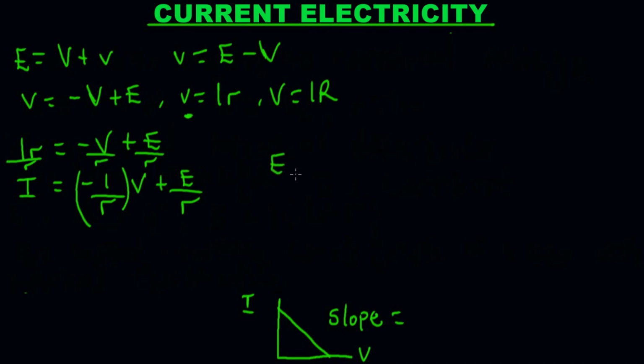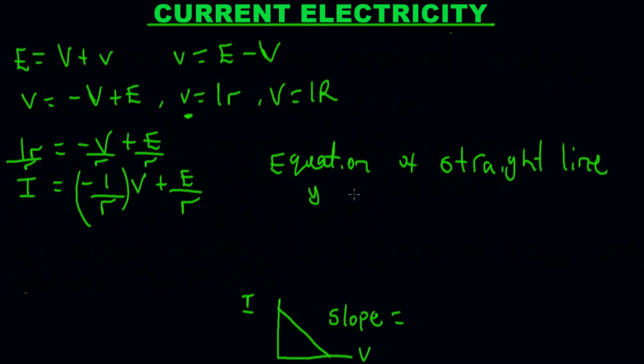The equation of a straight line is given as y is equal to mx plus c. This is the equation of a straight line, where m is the slope and c is our intercept.